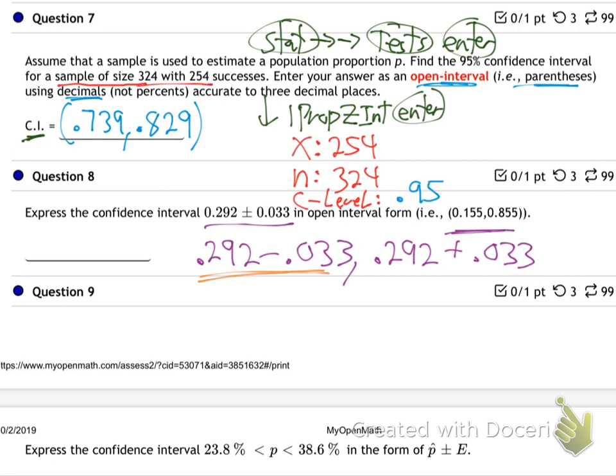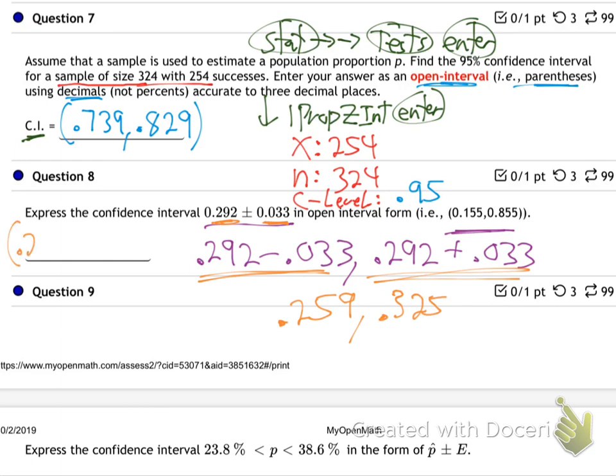Is that making sense? See what they want us to do? Because it's 0.292, give or take, add or subtract, error amount, 0.033. So just use your calculator. I'm getting 0.259, comma, 0.325.